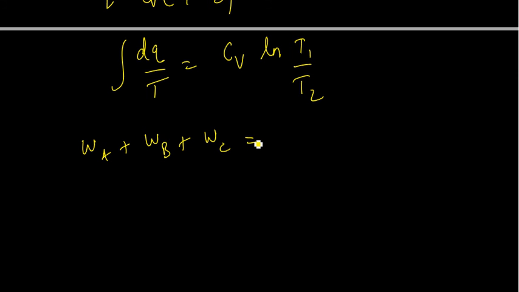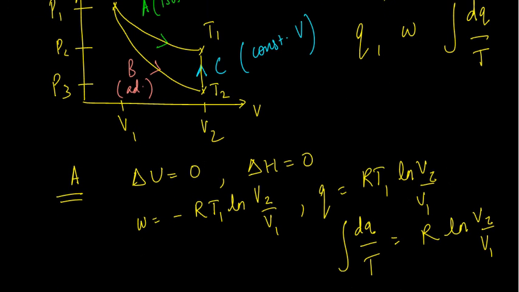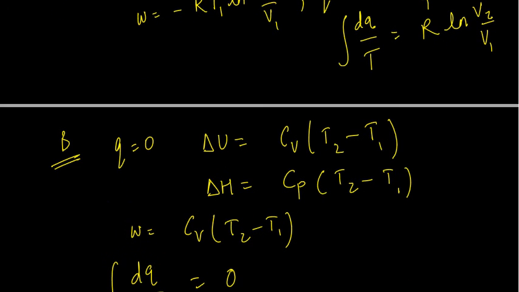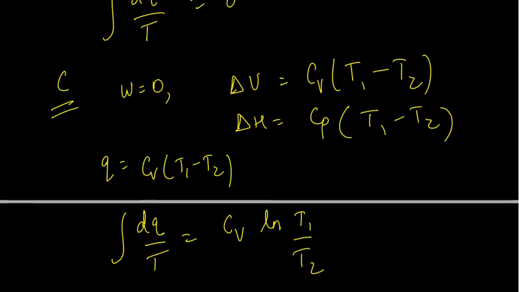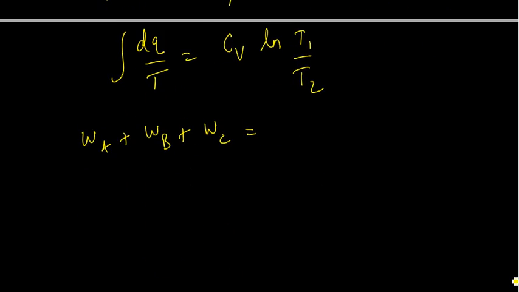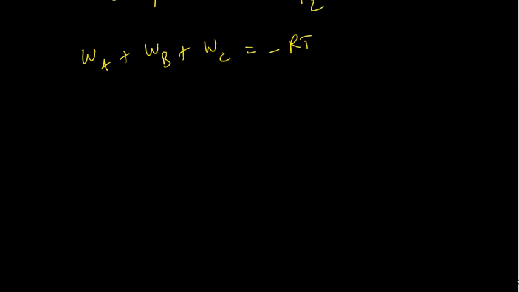So work in path A plus work in path B plus work in path C. What do we get over here? Minus RT log V2 by V1 in case 1, CV T2 minus T1 in case 2, and 0 in case of 3. Right. Minus RT1 log V2 by V1 plus, it was a plus sign, right?